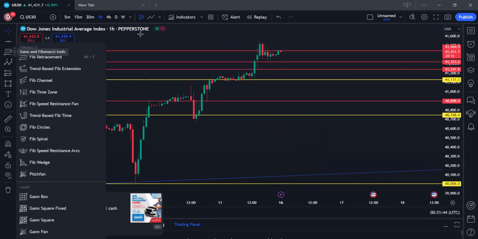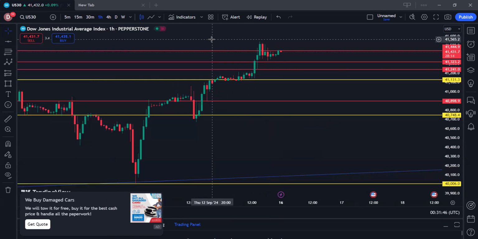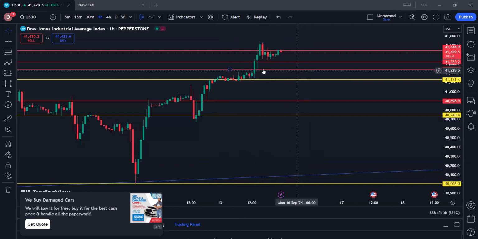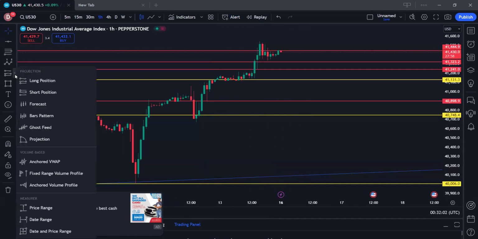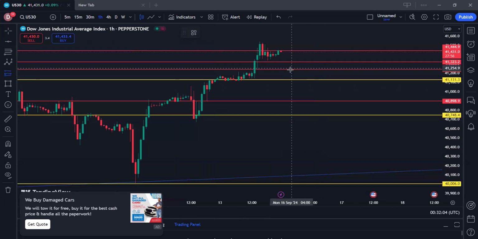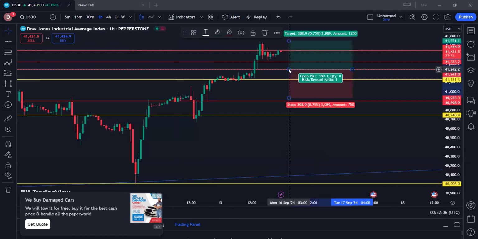So we could probably just have a little bit of retracement, like let's pull back within this zone right here. That could be within this area here. Let me just take my position. Now, let's say this area.